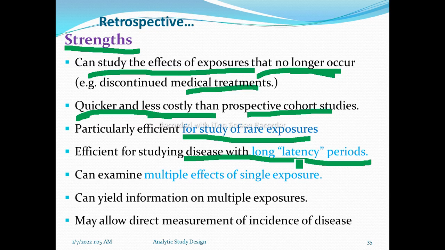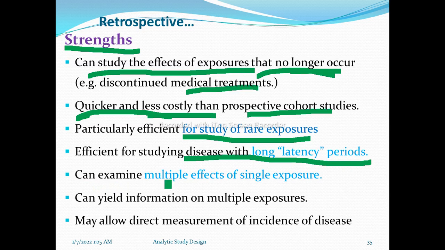But in a chart or record, we will get 10 years of follow-up. We will get that disease duration or disease incidence, which is written in the chart or records. So it is very important for diseases which have long latency periods. So it will minimize the duration.